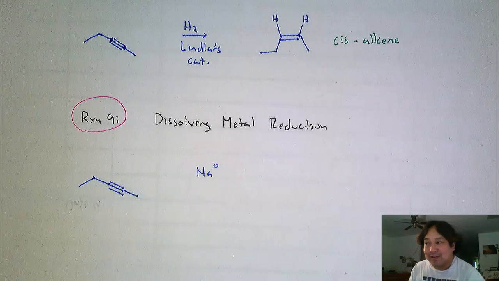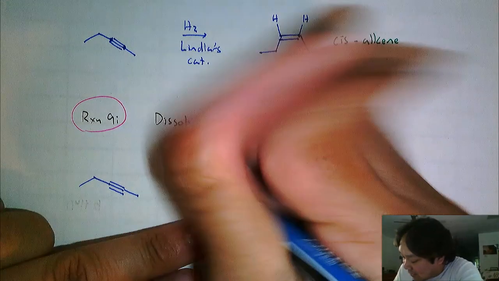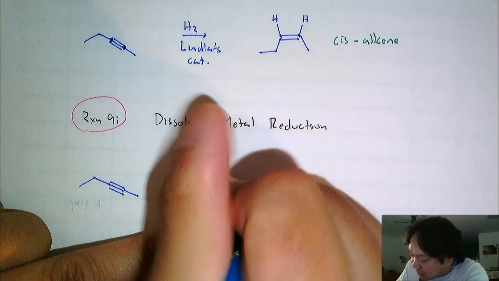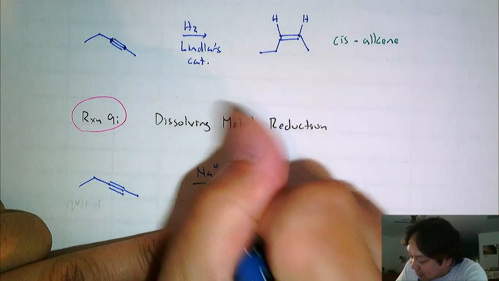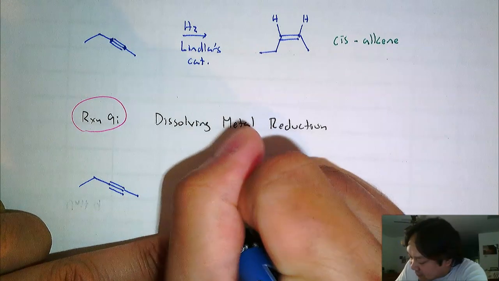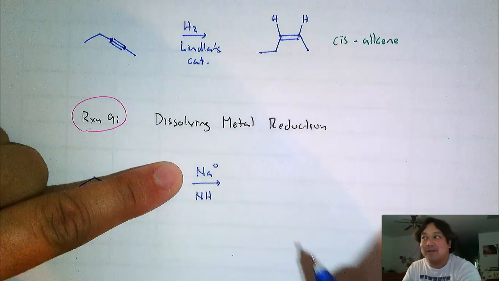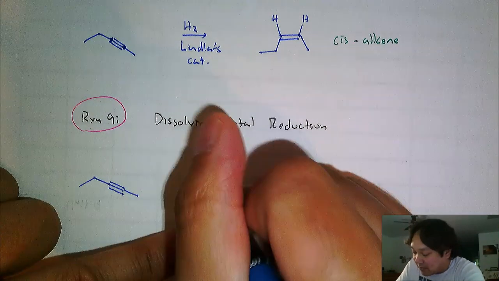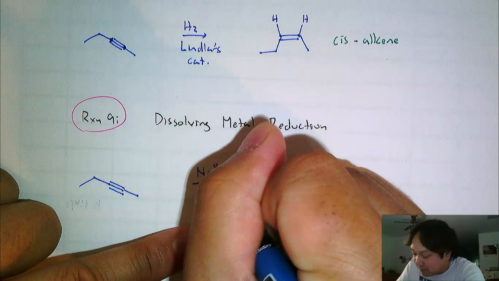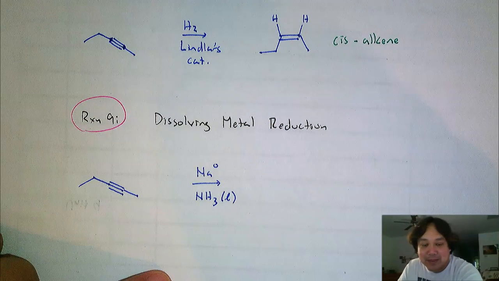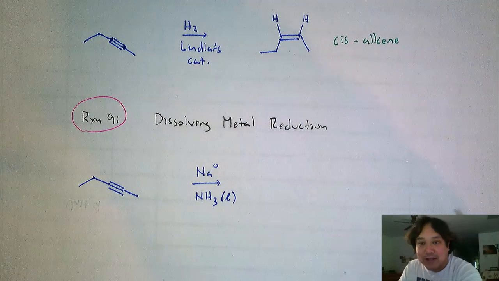I'll just put 0. I said metals don't dissolve in water, but it does dissolve in liquid ammonia. We're going to make the trans alkene.